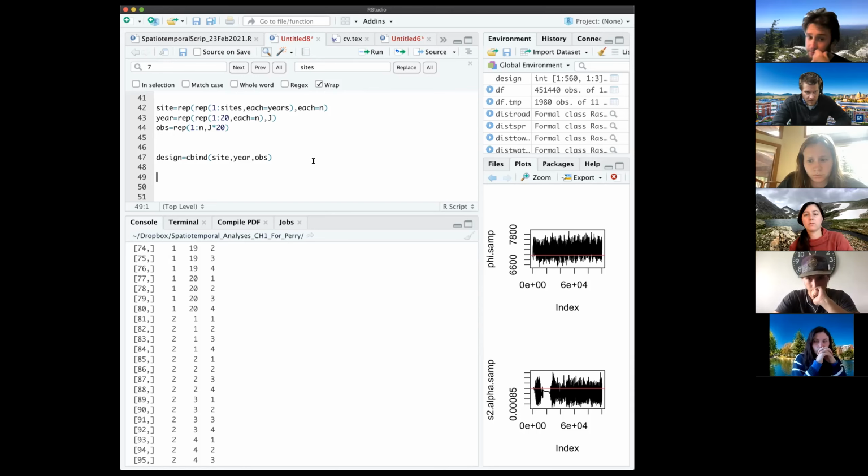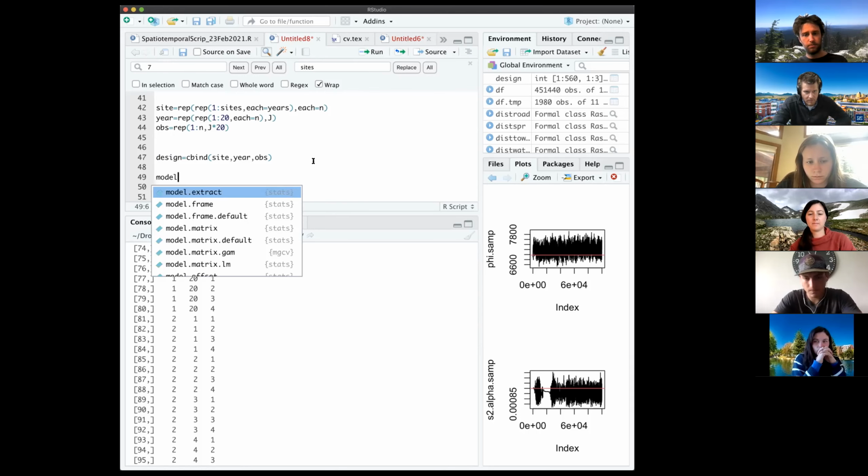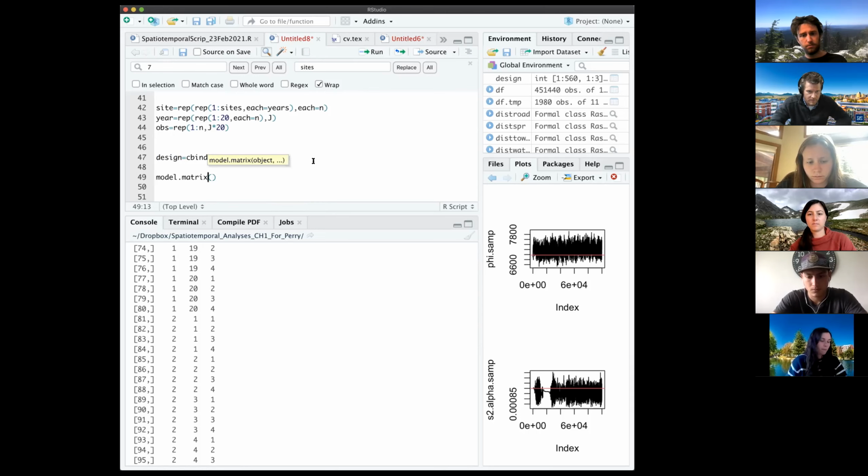I can do this in less than a minute. model.matrix, I call this X. We care about the site as a factor, it's categorical, plus year is continuous.